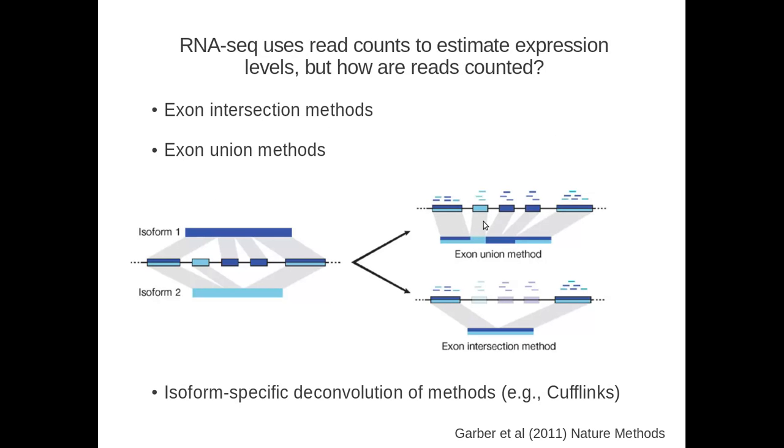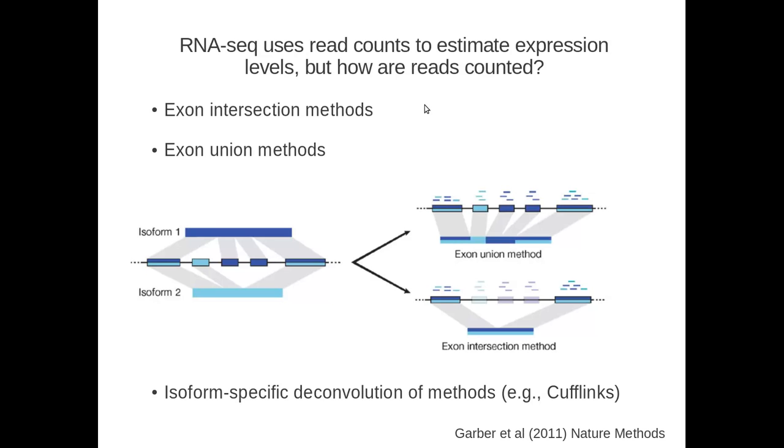So one of the things we have not talked about is how you actually get the read counts in cases where you have complex mixtures of various transcripts. We have talked a bit about alternative splicing, but I haven't told you how different people have accounted for alternative splicing in coming up with their read count estimates.